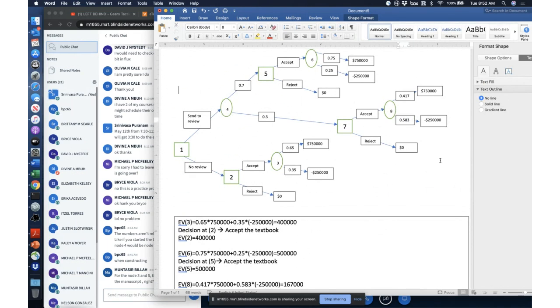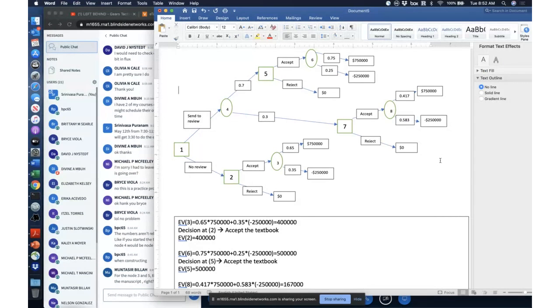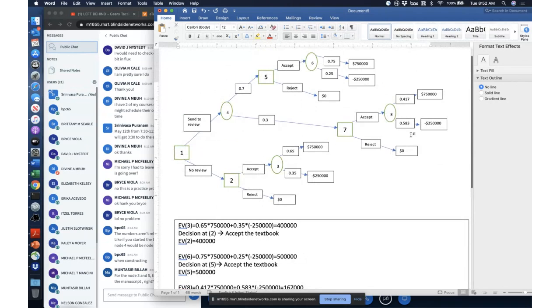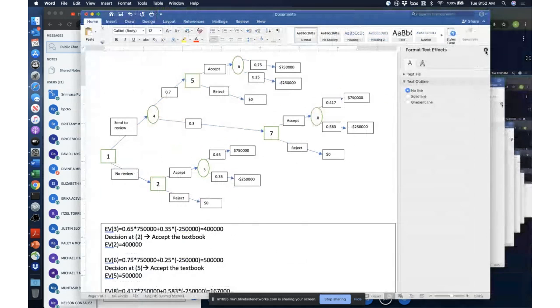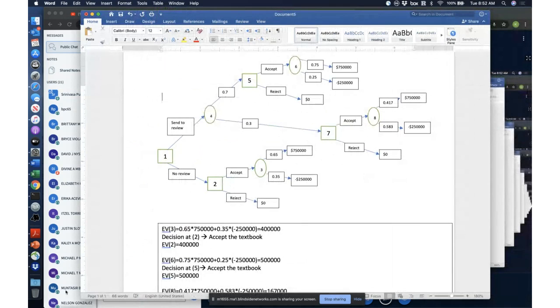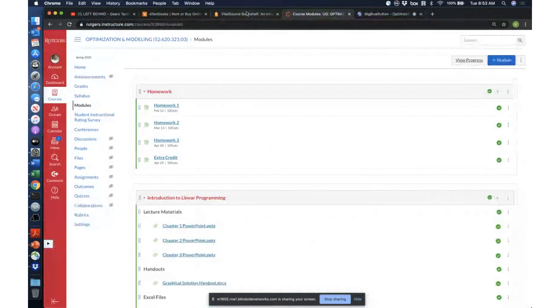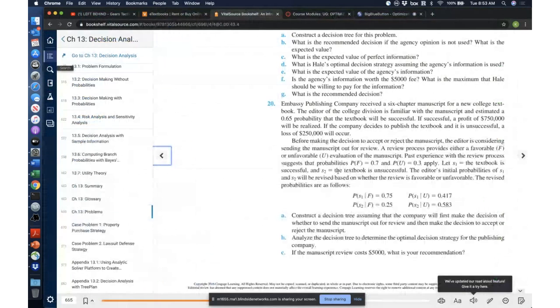So the decision here will be always to accept the manuscript, but it is better to send it out to a review, because the review will give you a better idea of whether it's going to be a favorable acceptance or not. That's the bottom line. So that was problem number 20. Again, I will post that solution up on Canvas.